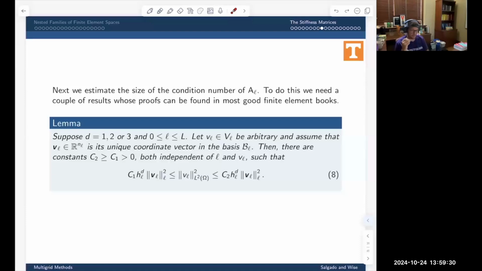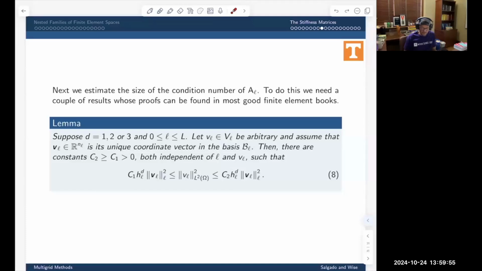So now, when we're dealing with meshes that no longer have this nice structure as we did in chapter 3, where we were just in one dimension with a uniform mesh, here, if we're in 2 dimensions or 3 dimensions or whatever, we may not have any kind of uniformity in our mesh structure. But are we still able to predict the size of the condition number?